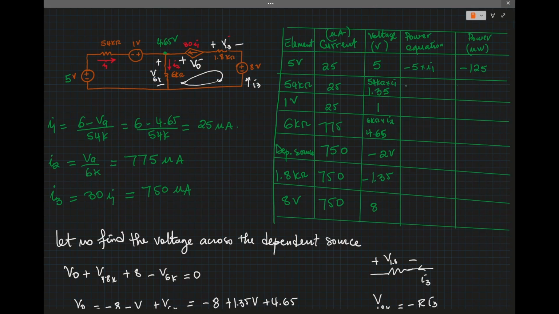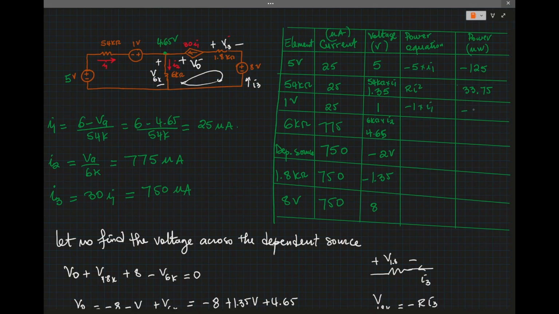So the 54 kilo ohm, right? The power through a resistor is Ri squared. So that would be 33.75 microwatt. The power through the 1 volt source will be the current from minus to plus, so minus 1 times I1, right?